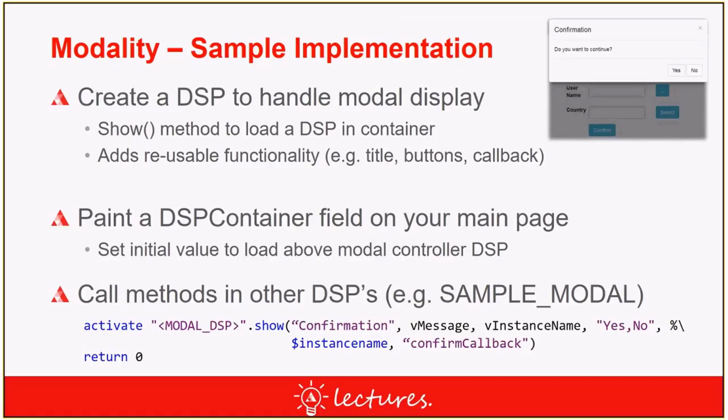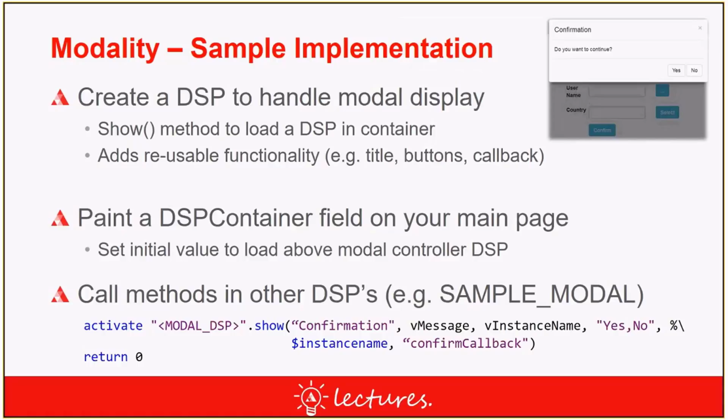The main page just has a container that loads that in, and then when we want to use it in another DSP, so in my example here I'll show you the sample modal form, I just activate the show method on that DSP, give it the title, give it the message, tell it what instance of a component that I've instantiated I want to display in there, give it some buttons that I want to display, yes or no, optionally, and optionally supply a callback.